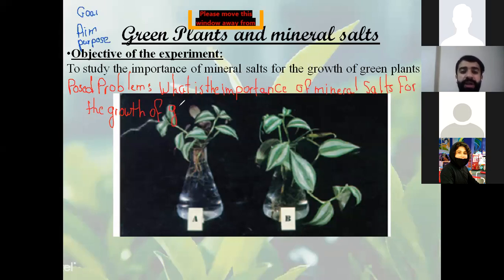It's very similar to the aim, but it should be in the form of a question, and mostly it's a WH question. And here the question mark. Don't forget the question mark.